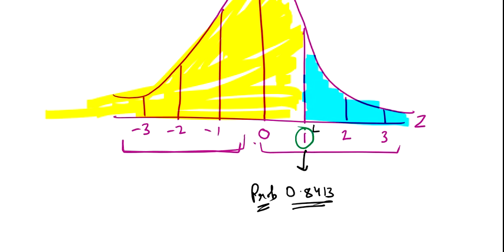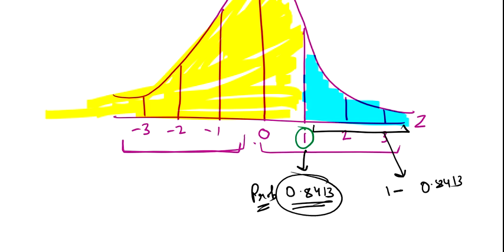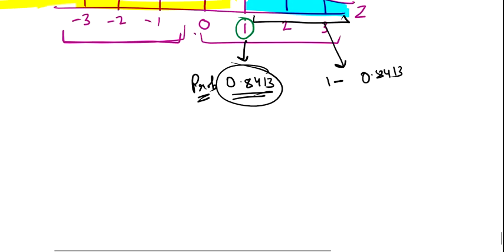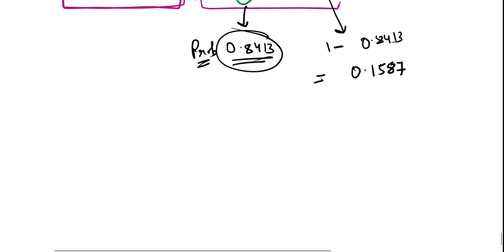Simply you can find this by 1 minus 0.8413, because the whole yellow section is 0.8413. So what is this blue section? 1 minus 0.8413 equals 0.1587.